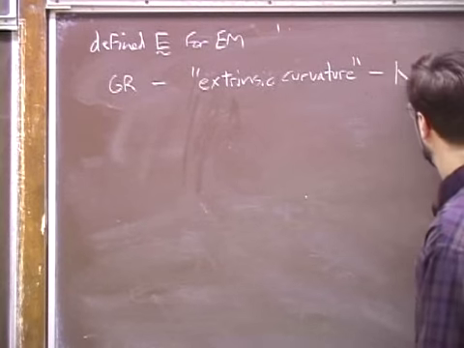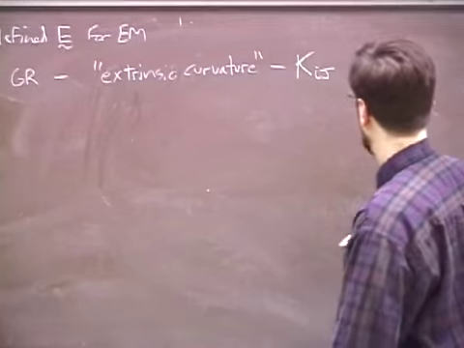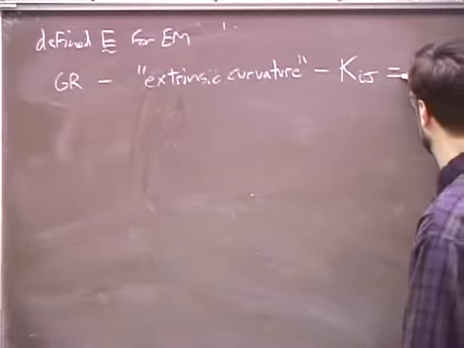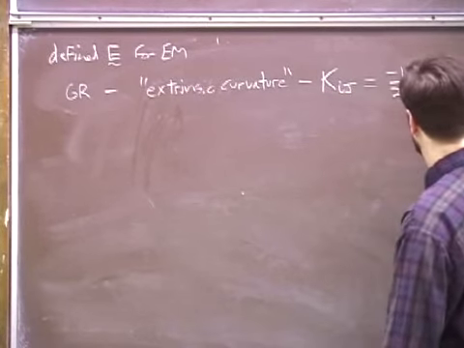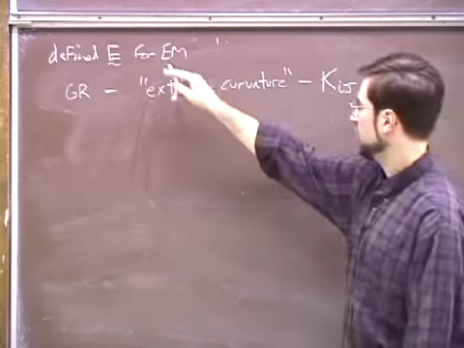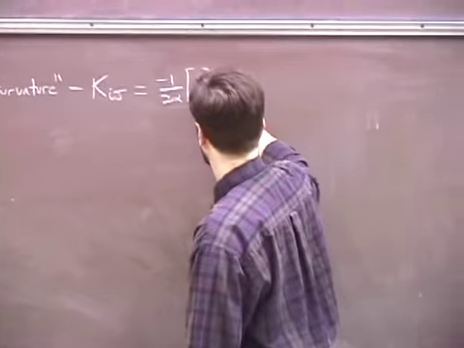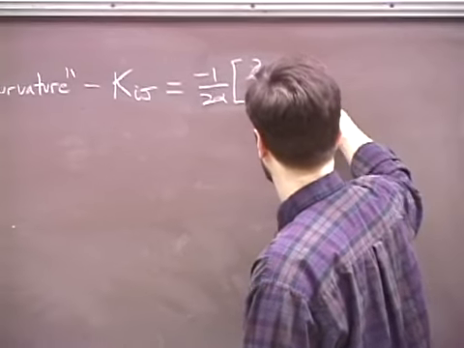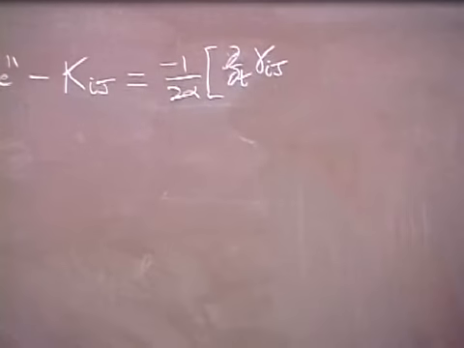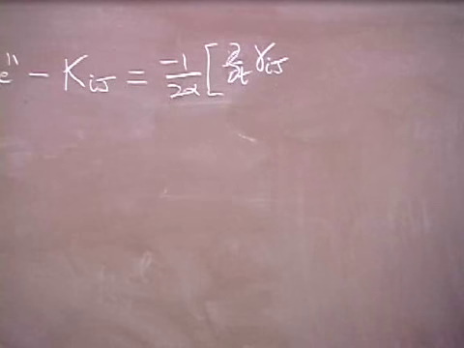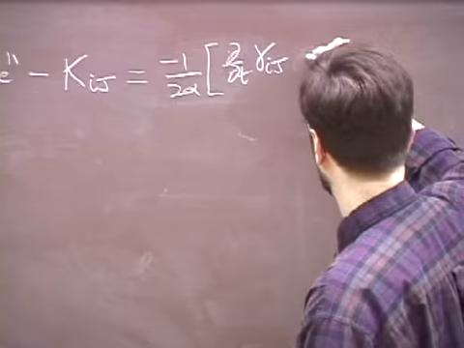The name sounds a lot worse than the thing actually is. Kij. And this is going to be defined very much like E is defined. It's going to have the d by dt of the metric in it, of the 3 metric, just like E had d by dt of the vector potential. And then it's going to have other terms.